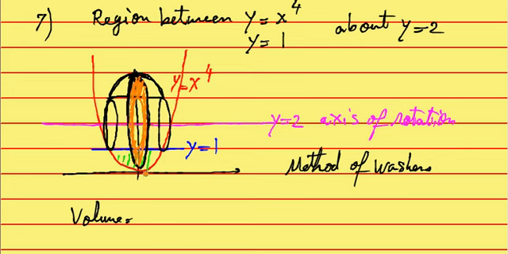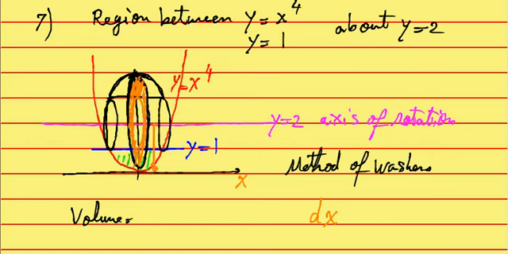Well, we are going to have a thickness. The thickness we are going to write as dx because the washer is perpendicular to the x-axis. We are going to take the outer radius. How do we find the outer radius? Radius is the distance from the curve itself to the axis of rotation.